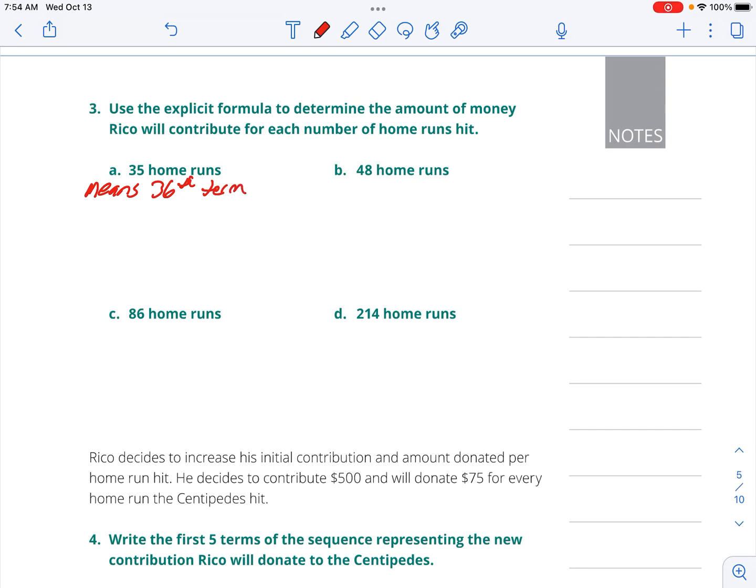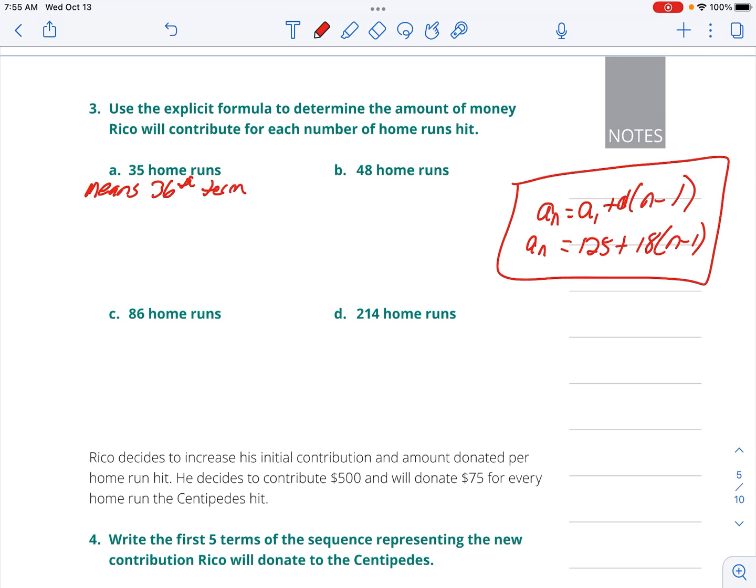So the way that I write this up is Rico's formula is knowing the $125 for the starting term and the common difference. So this is the formula we're going to be using all throughout here for Rico.